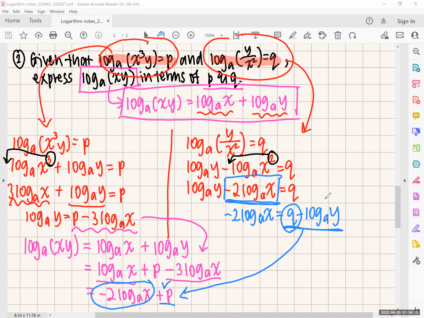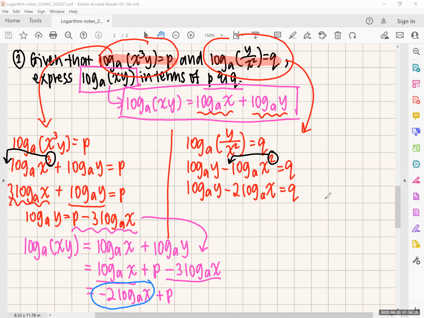Hence, there is something I need to do about this log AX and log AY. So what I'm going to do is settle this issue of log AX and log AY by combining both. What do I mean by that? I'll make log AY the subject too. So I have Q plus 2 log AX.